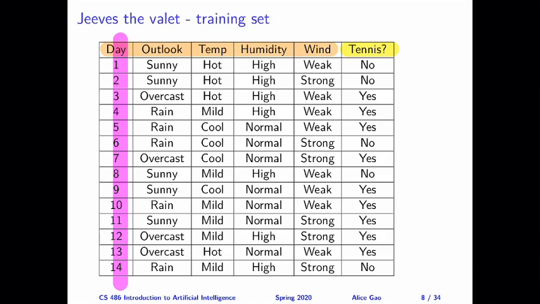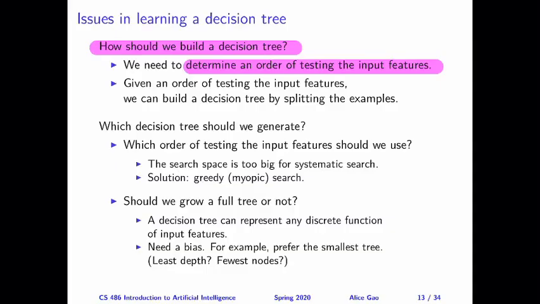So what I was saying is that we need to decide in which order we are going to test these 4 input features. Should we test outlook first or temperature first? So on and so forth. And once we decide on an order, it is straightforward to grow a tree. Once we decide on an order of testing the input features, how do we grow a tree?